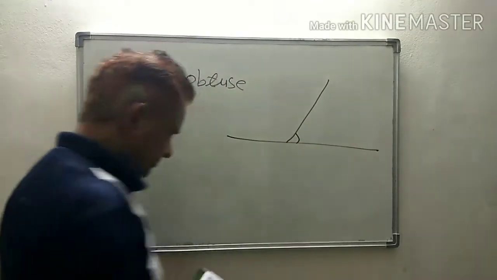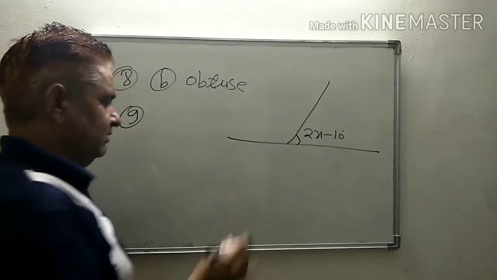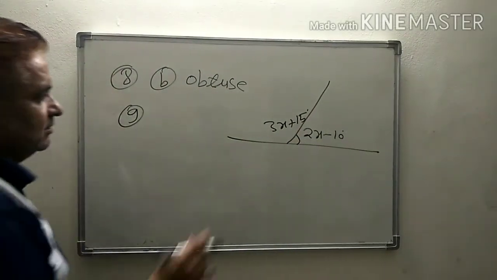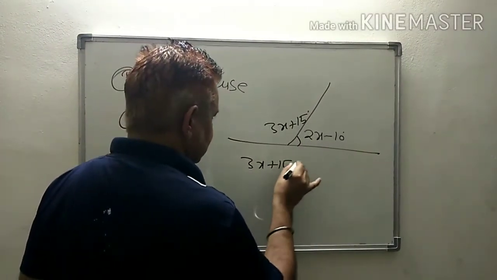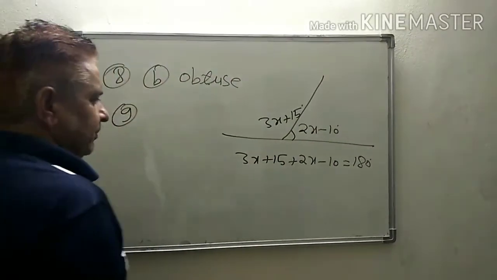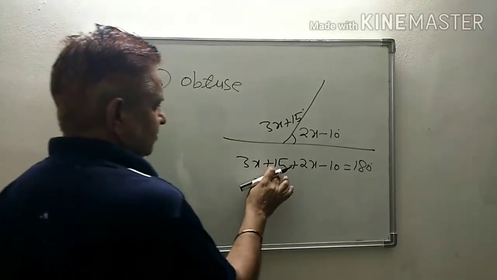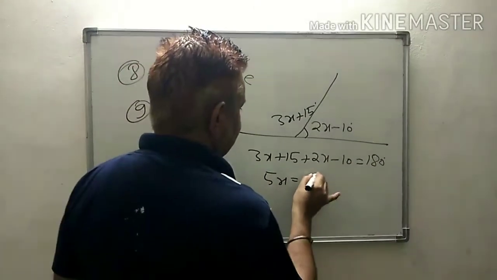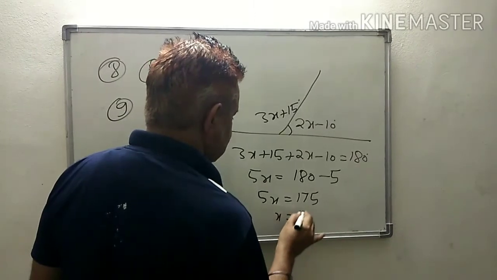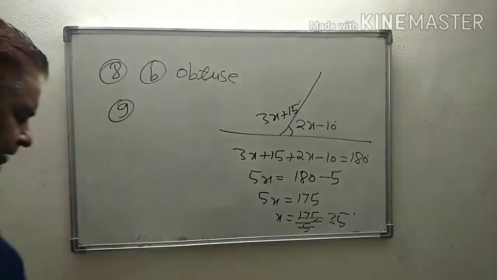This angle is given 2x minus 10 and this angle is given 3x plus 15, and you have to find the value of x. 3x plus 15 plus 2x minus 10 equals 180 because these angles are a linear pair. 3x plus 2x is 5x, 15 minus 10 is 5. 5x equals 180 minus 5, 5x equals 175, x equals 175 upon 5, so 35 is the right answer.